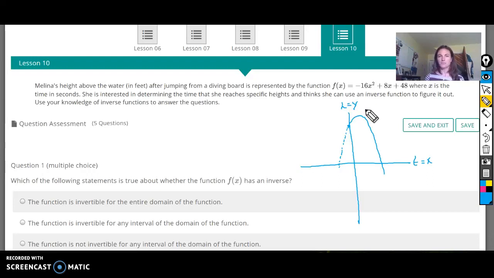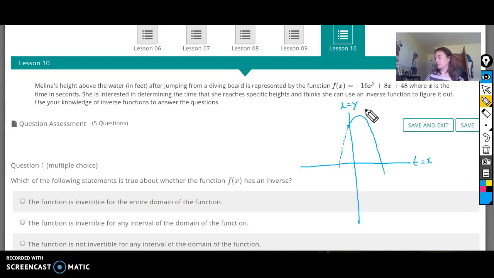Well, we can do an inverse function. We can utilize inverse functions only when a given input will only yield one output, okay?